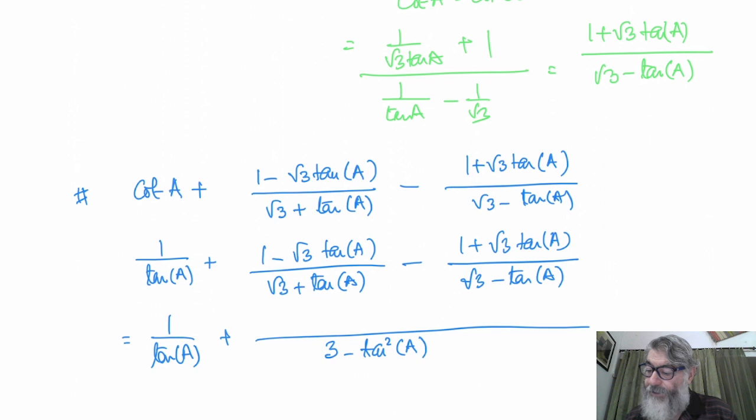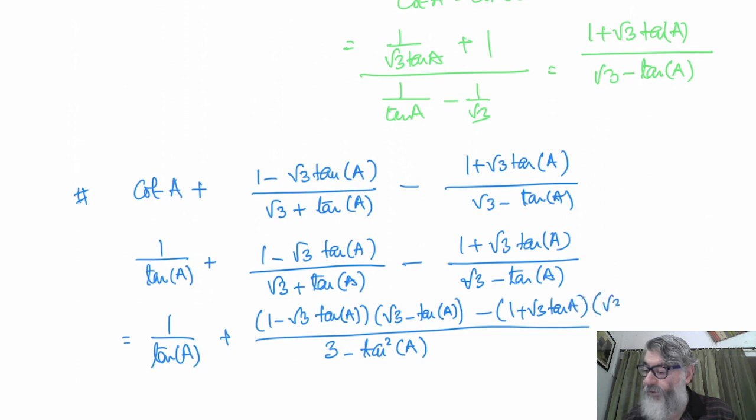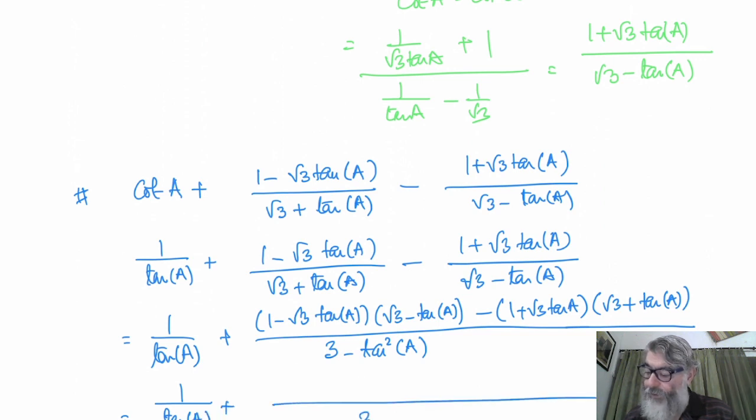Now let us multiply this: (1 minus root 3 tan A) and (root 3 minus tan A), minus (1 plus root 3 tan A) and (root 3 plus tan A), with 1 upon tan A plus over 3 minus tan square A.